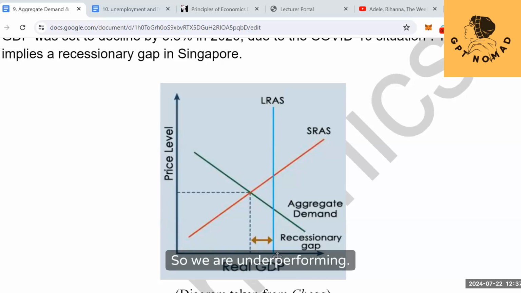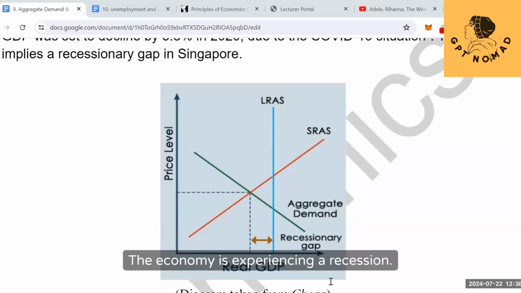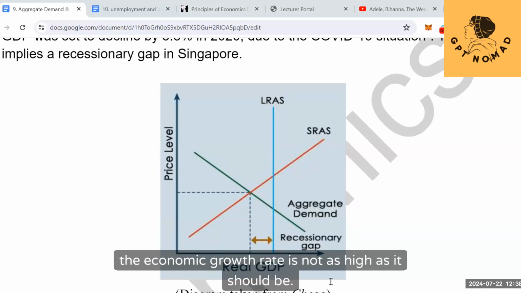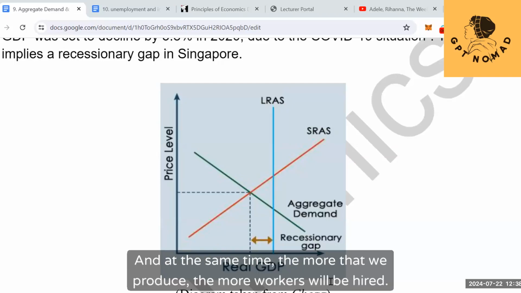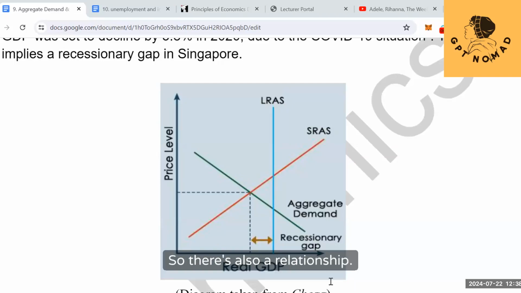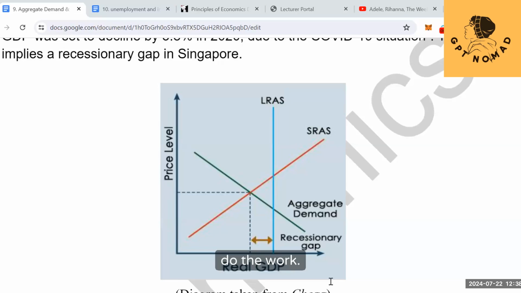So we are underperforming. If we see this diagram, we should know that they have a recessionary gap. The economy is experiencing a recession. The economic growth rate is not as high as it should be; it is on the lower side. At the same time, the more that we produce, the more workers will be hired. If you're producing more output, more workers will be employed to do the work.